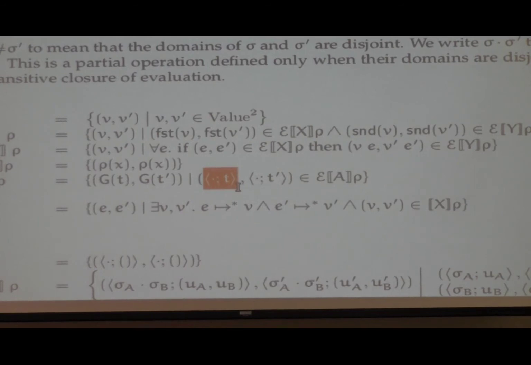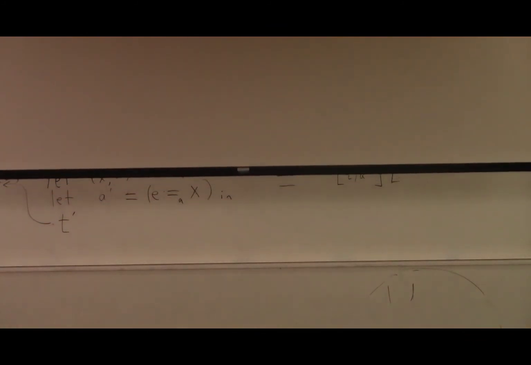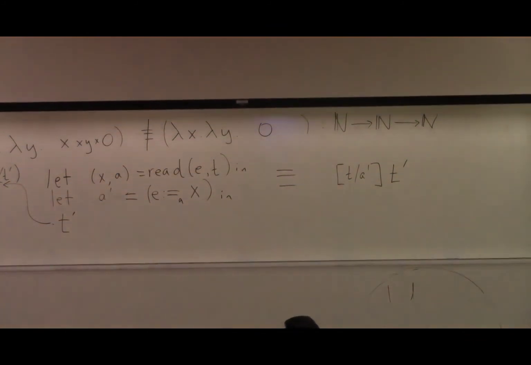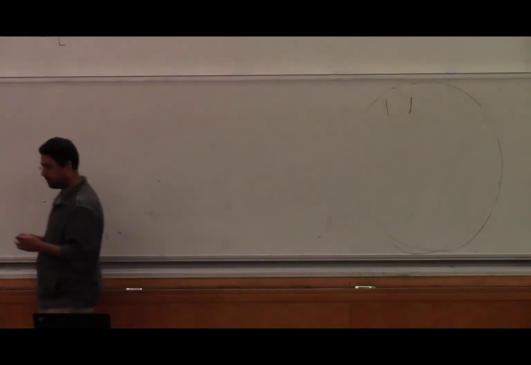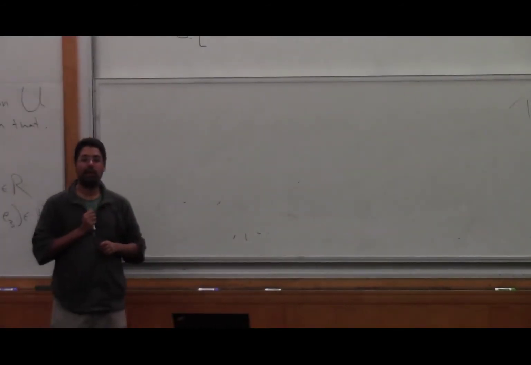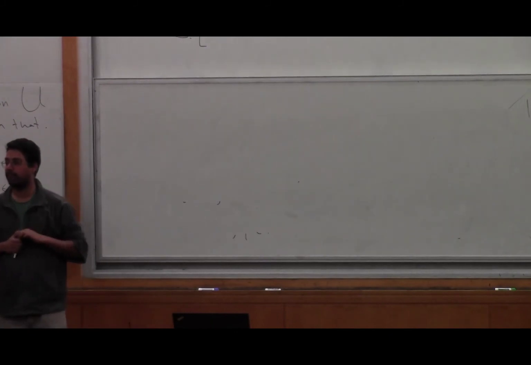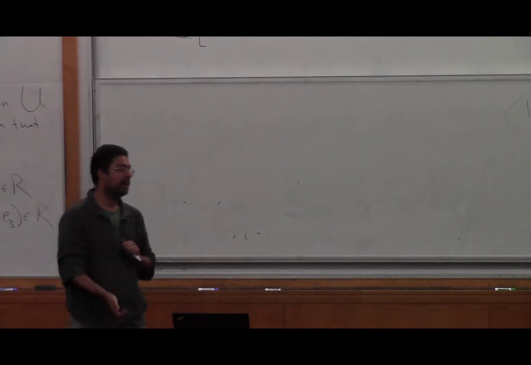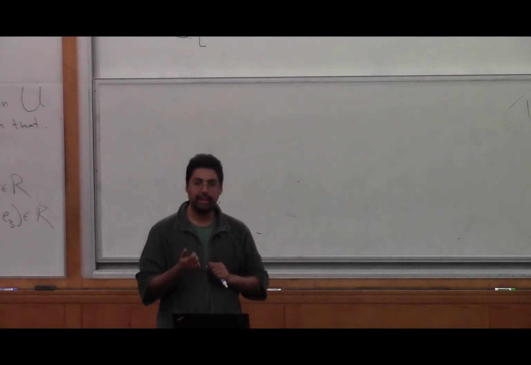So I'm saying that the interpretation of a linear type is not just a pair of terms. What we're going to do is, we defined intuitionistic types as partial equivalence relations on expressions, and we're going to define linear values differently.